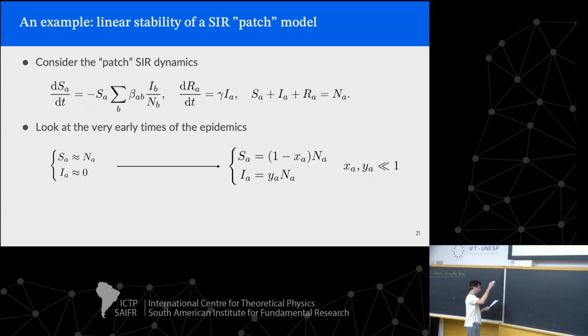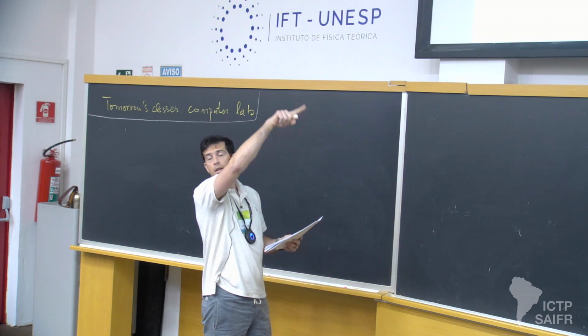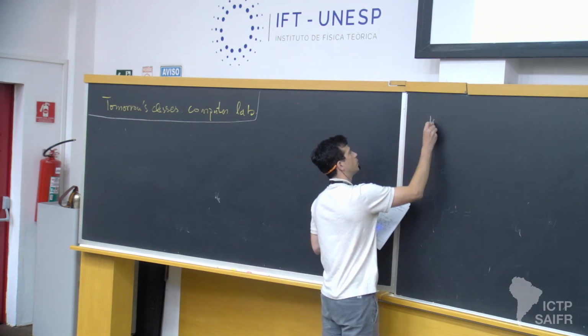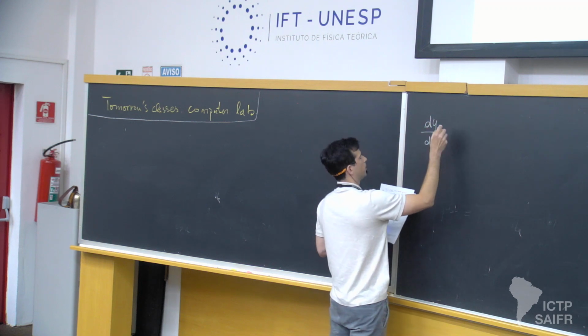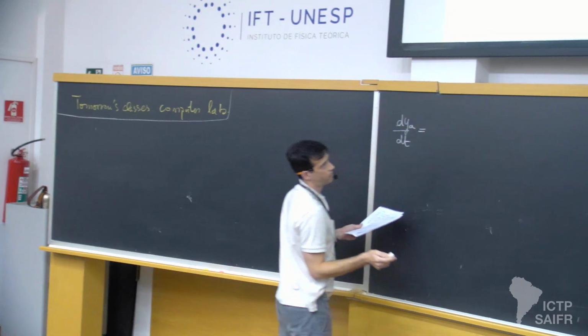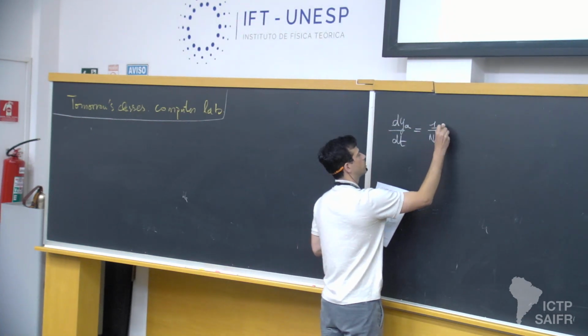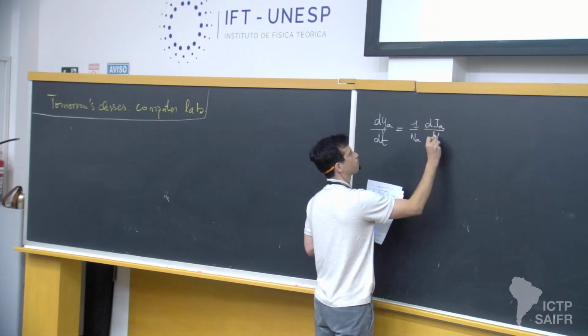So I'm just going to use those new functions X and Y in the original equations. Let's compute the derivative of Y_A(t). By definition, this is equal to 1 over N_A times the derivative of the number of infected individuals there.